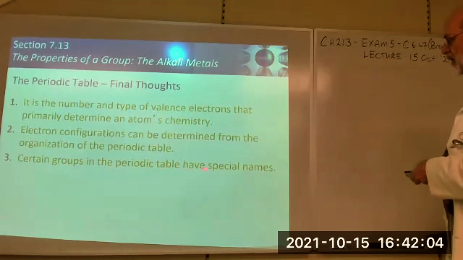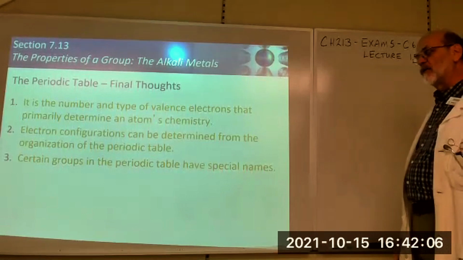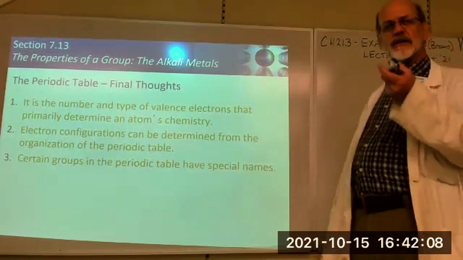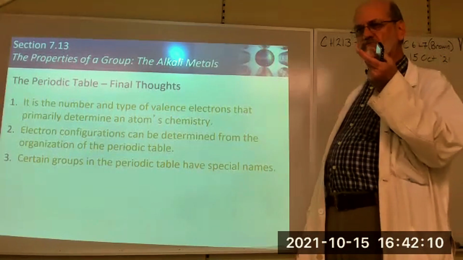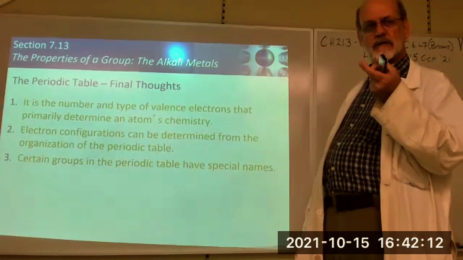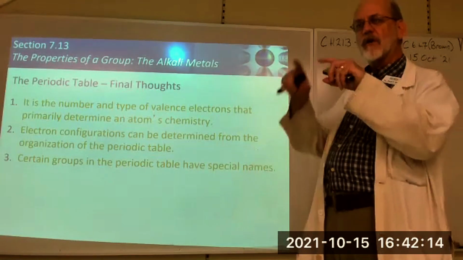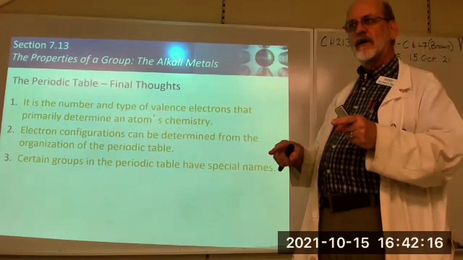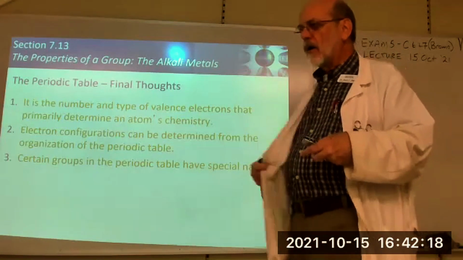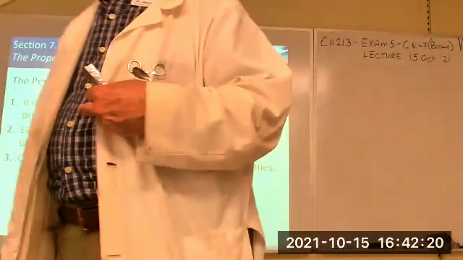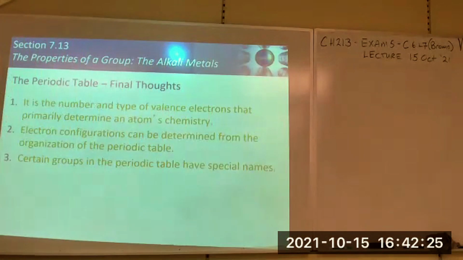Certain groups in the periodic table have special names. Well, yeah, we didn't go over them, but let's see. Didn't we have extra credit where you draw the table? For the alkaline earth metals and all that, transition metals. Or maybe I didn't give that one to you. Halogens and all that stuff. Maybe this is where I'm going to give that one to you. Right? Where you have a blank table and you fill in the elements?